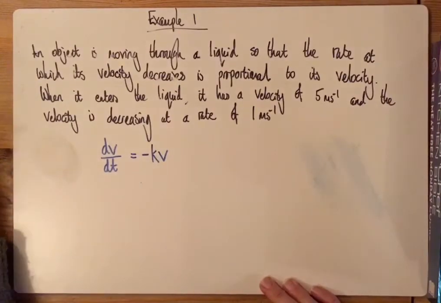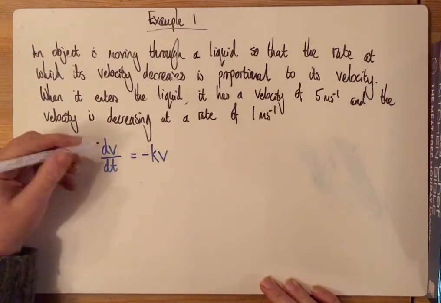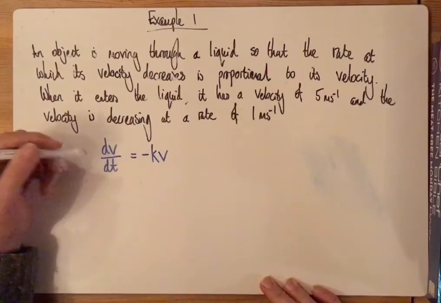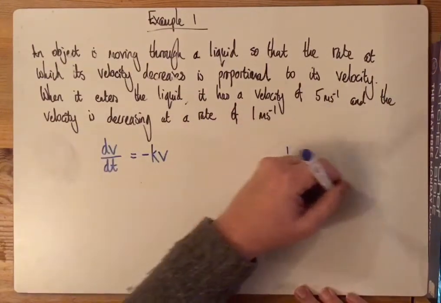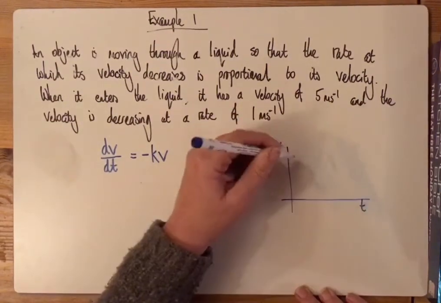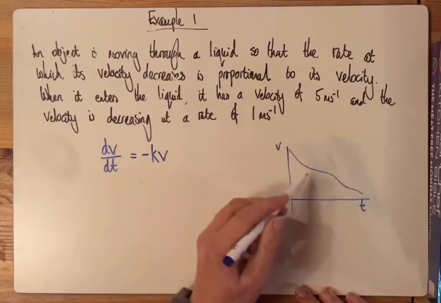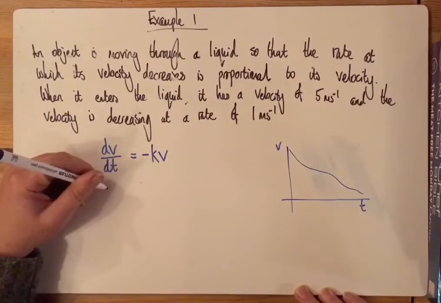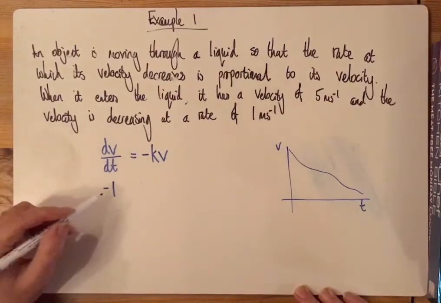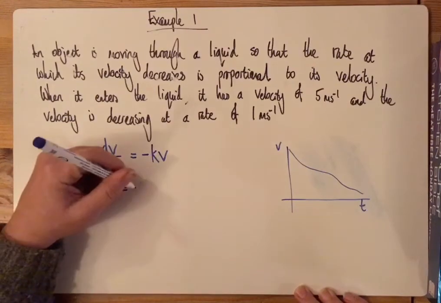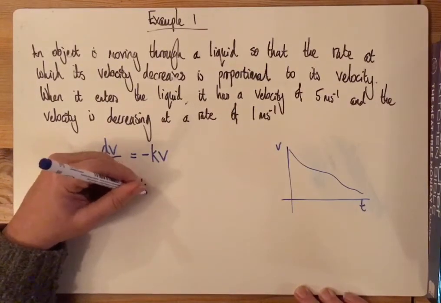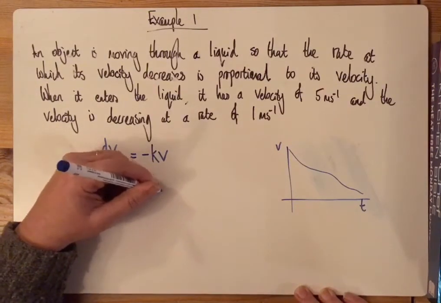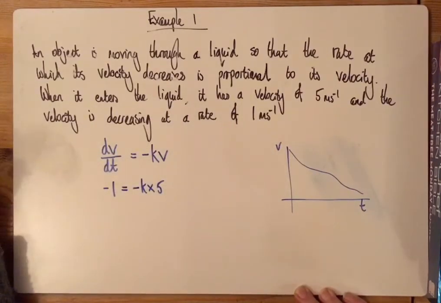If it's decreasing at a rate of 1, then if you imagine you plotted the graph of the velocity against time, you're finding the gradient in that graph. At the point it enters the liquid, the gradient would be minus 1, so that's your rate of decrease, so negative. And that's equal to minus k times the velocity, which is 5.